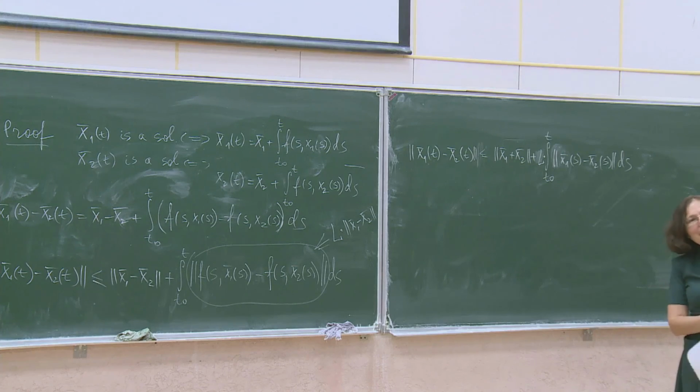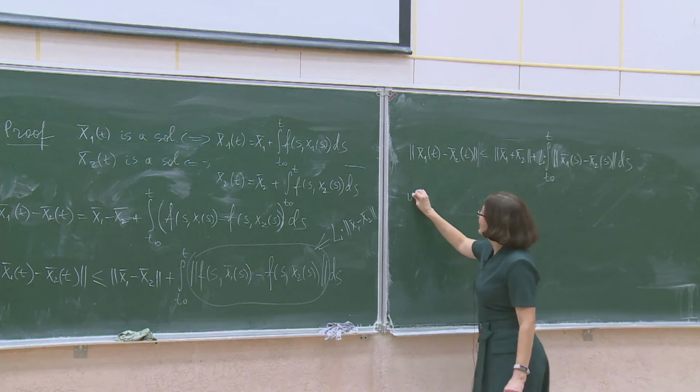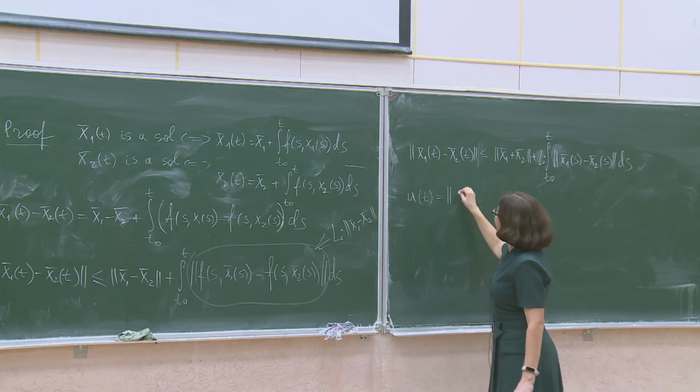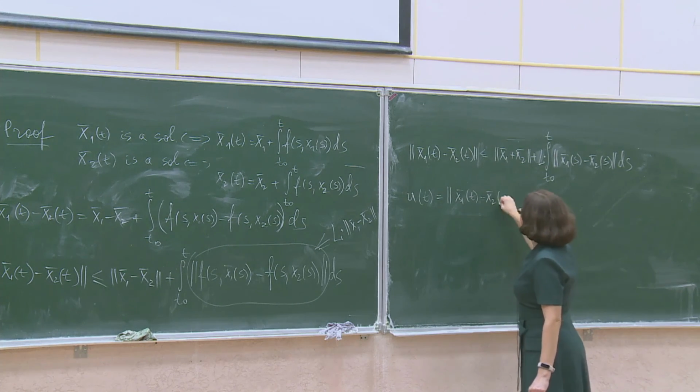Can we apply Gronwall's lemma now? Let's look at Gronwall's lemma. Well, yes, with the scalar function u of t, which is equal to the absolute value of x1 of t minus x2 of t.